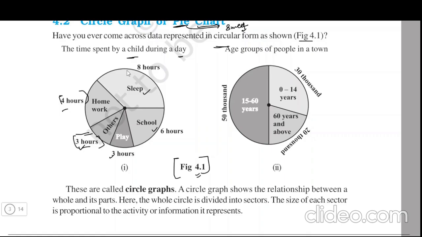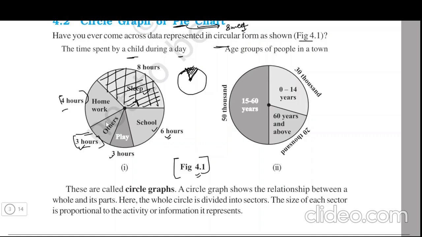So the circle is divided into various sectors. The area between two radii and an arc is known as a sector. So these are various sectors. This is the sector for sleep because sleep is taking the maximum hours, so the area of the sector is also bigger. The next bigger area is the school, that is for 6 hours.